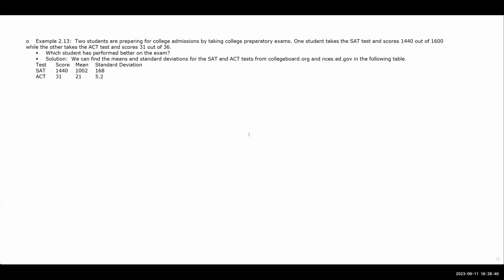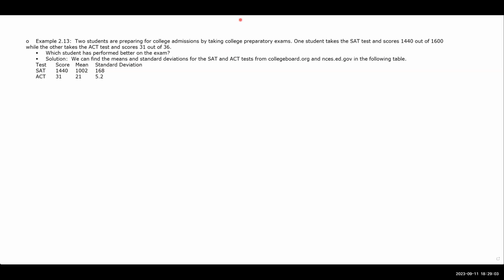They each took a college entrance exam. One took the SAT and got 1440 out of 1600, while the other took the ACT and got 31 out of 36. Which student has performed better on the exam?